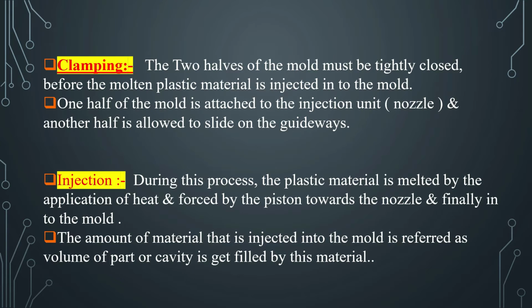Next is injection. During this process, the plastic material is melted by the application of heat and forced by the piston towards the nozzle, and finally it enters the mold. The amount of material that is injected into the mold is referred to as the volume of the part, or the cavity is filled by this material.